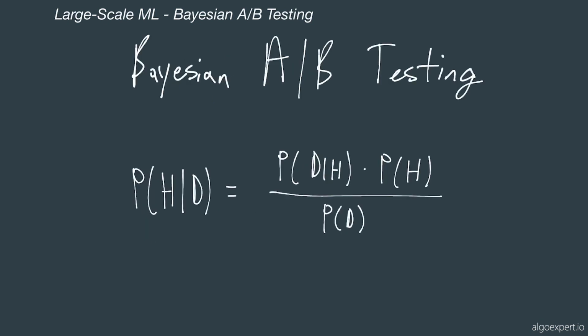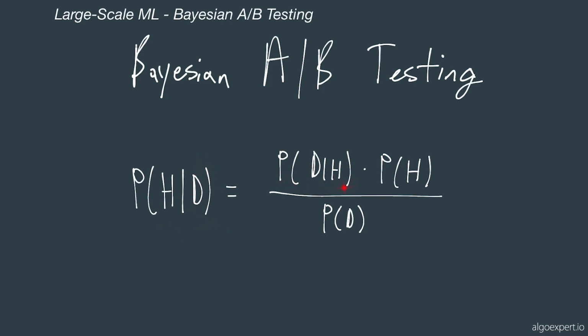So here, Bayesian, you can imagine that we're going to be using Bayes' rule in some way, and this is Bayes' rule. You may recall this from the machine learning crash course. The idea is that we want to know the probability of some hypothesis being true given some data. This will be our posterior.